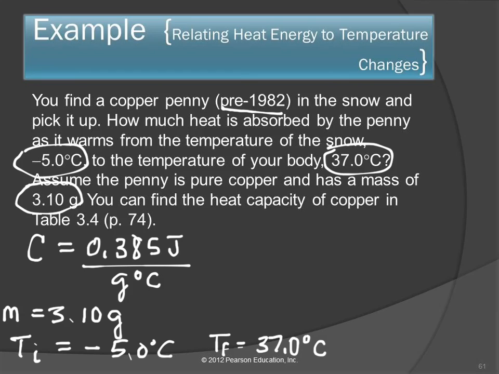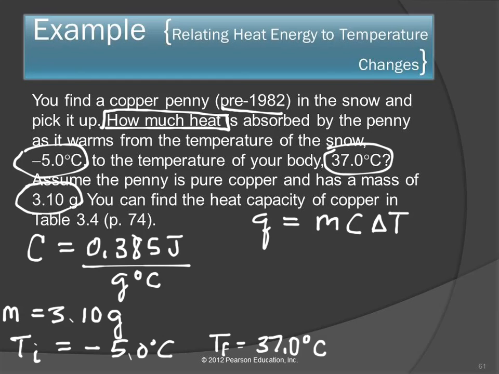So now we've taken the numbers out. Now what are they wanting? How much heat? Well, that equation that we had was Q equals mc delta T. Q is heat.